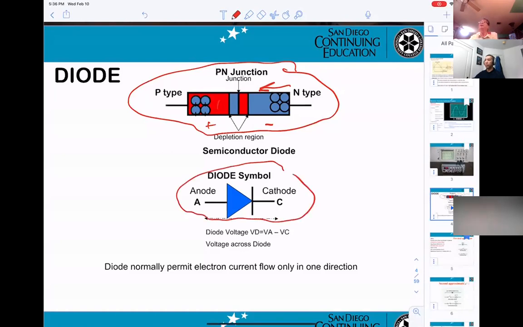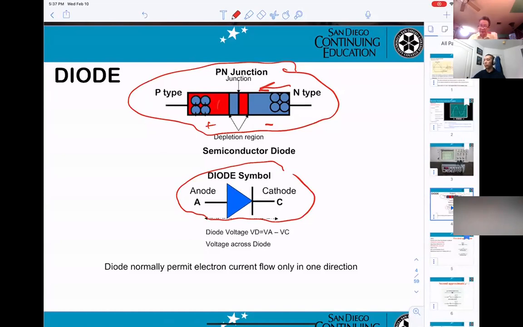Symbol for the diode, every time you see this symbol, you must know this is what we call a diode. One side is A, the anode, and the other side is C, the cathode.